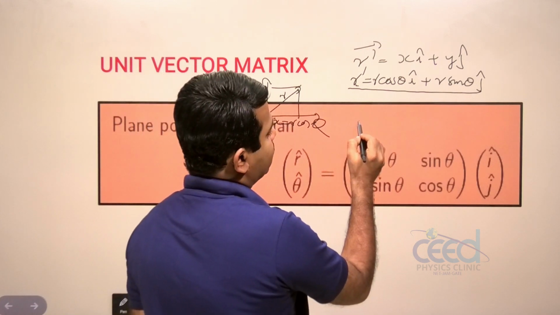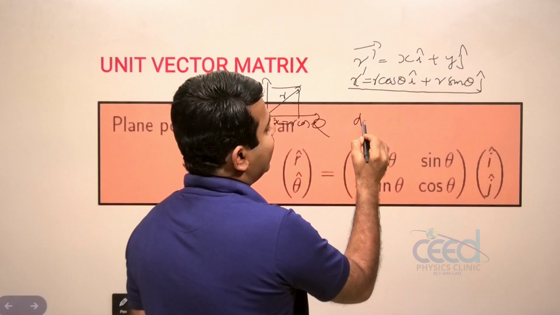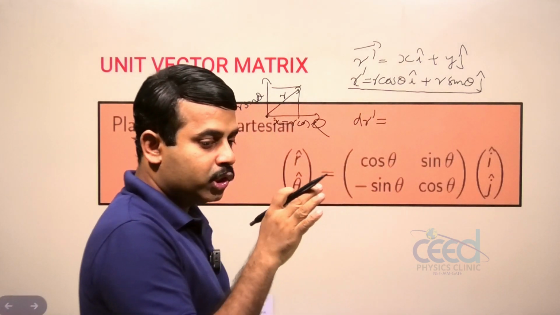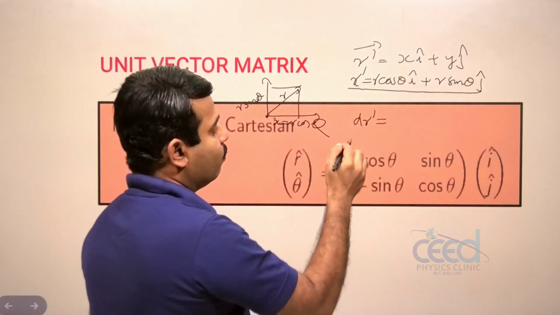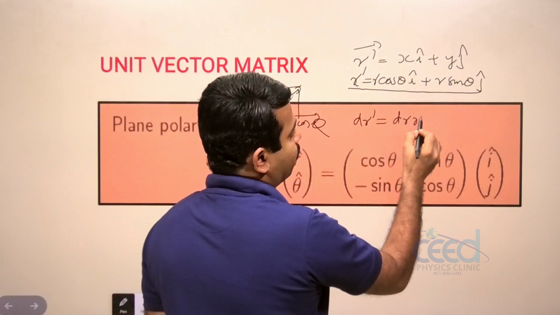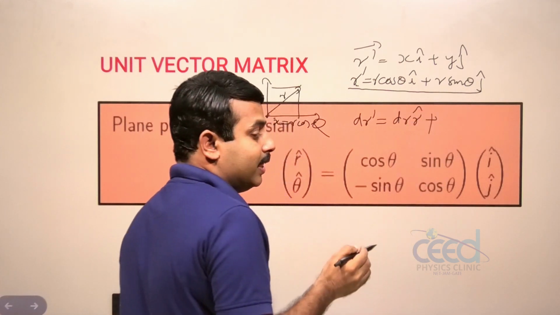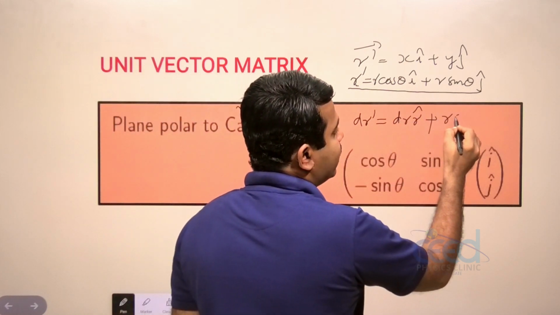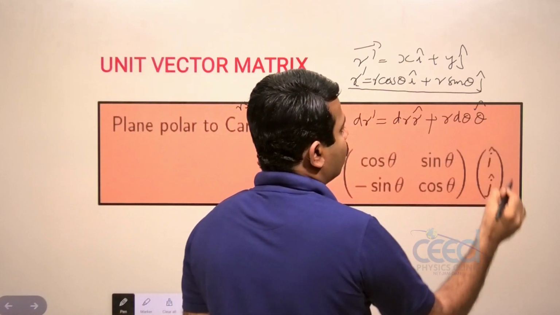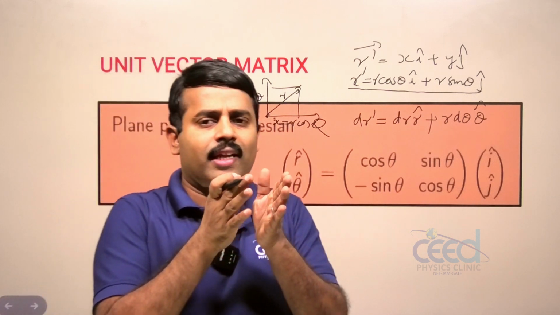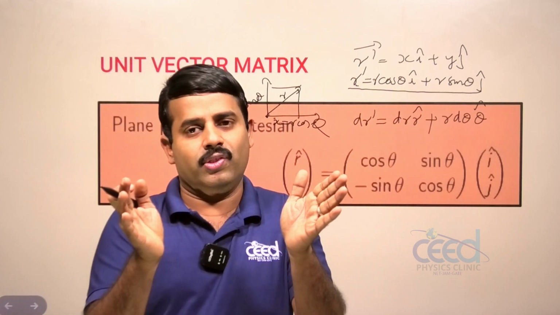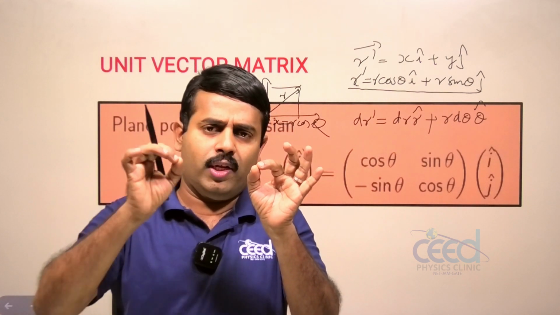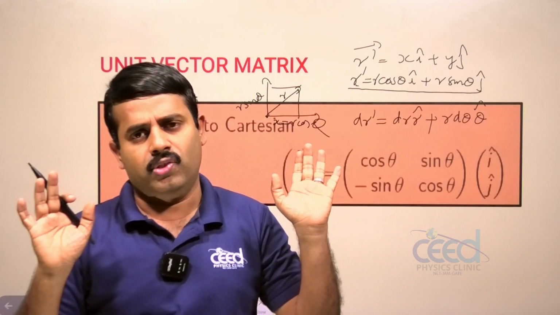What is the length element dr dash equal to? In the direction of r, it is dr r cap. And in the direction of theta, what is the length element? r d theta, theta cap. This length element we studied in different coordinate systems. We studied length element, areal element, volume element in different coordinate systems.